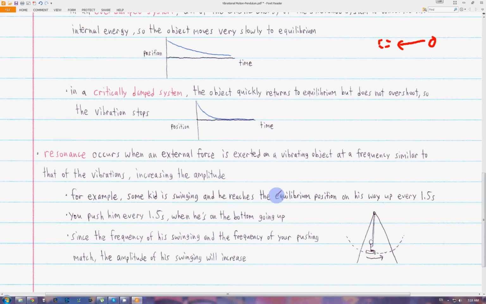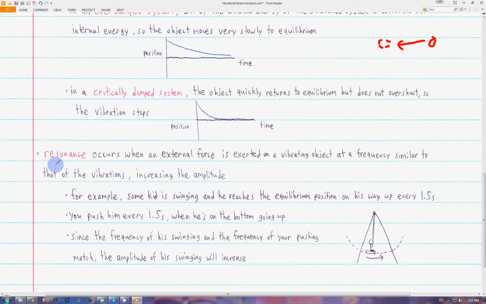So, for example, if this kid is swinging, you can't just push him randomly, because if you just do that, then you could end up pushing him when he's on his way down, and then you'll just stop him. So you have to push him in a special pattern.